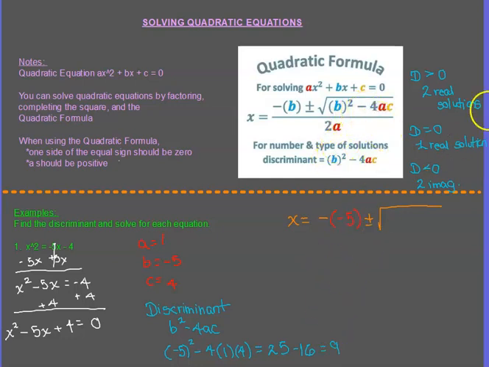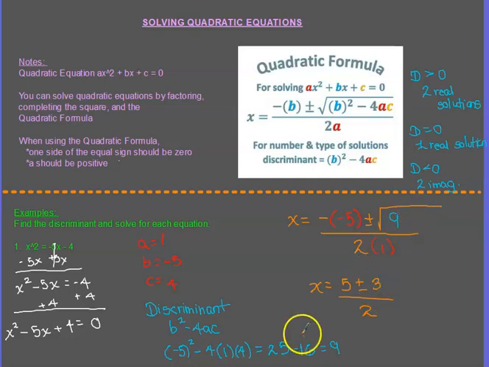It was 9. And then all over 2 times a, which is 2 times 1. So starting off here, we have negative 5, which would give me positive 5. Plus or minus, the square root of 9 is 3, all over 2 times 1, which is 2.